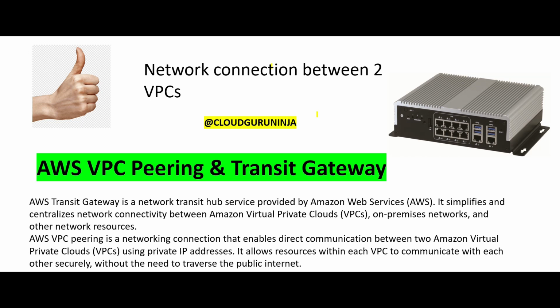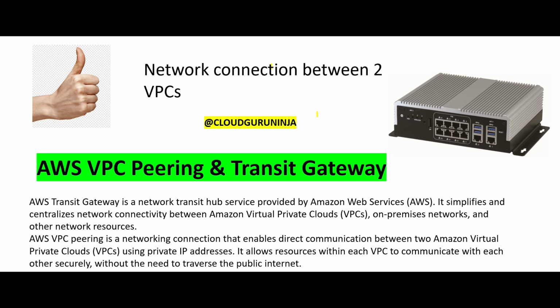So it allows resources within each VPC to communicate with each other. And why? Because we want secure communication. Otherwise, over the internet you can definitely communicate, but we want very secure communication, and we don't want to use the internet. Then you use VPC peering.